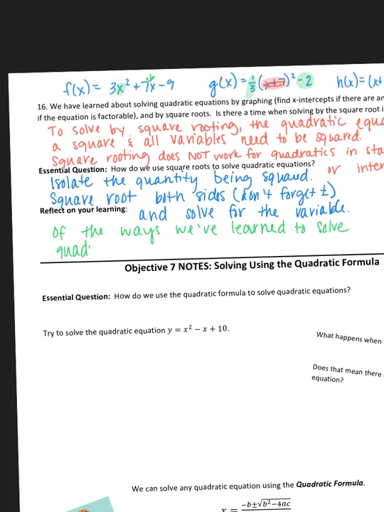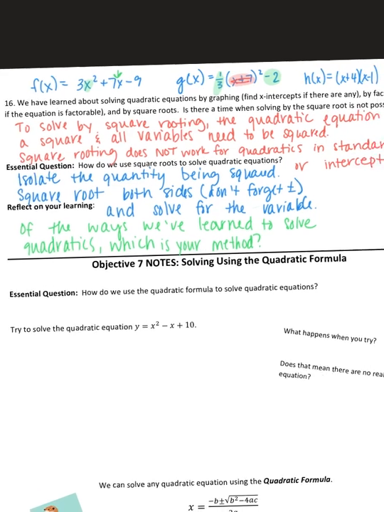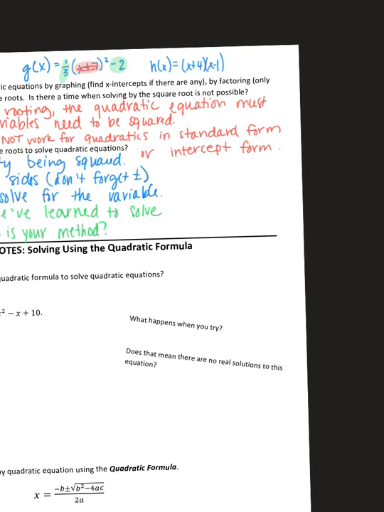And your choices are graphing, factoring, or taking the square root. And then your second question is, which of those methods, graphing, factoring, or taking the square root, will always work?